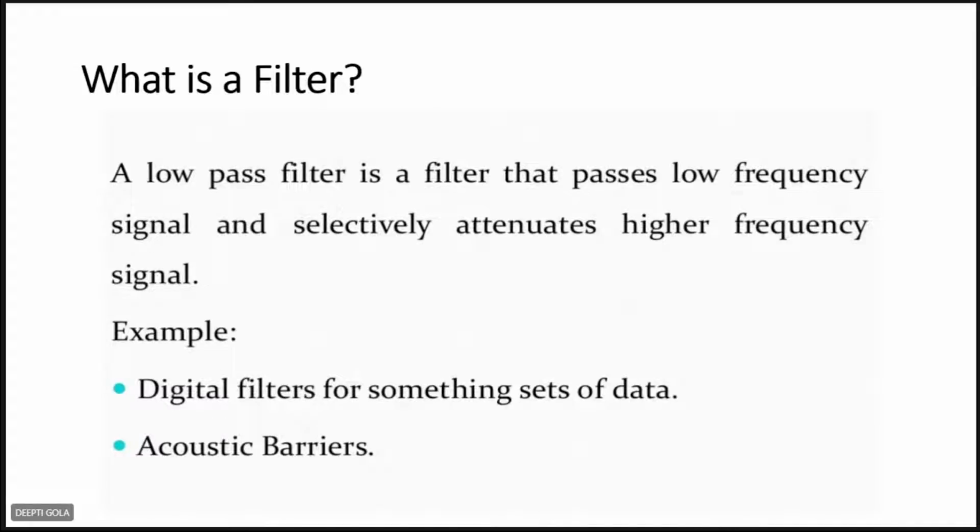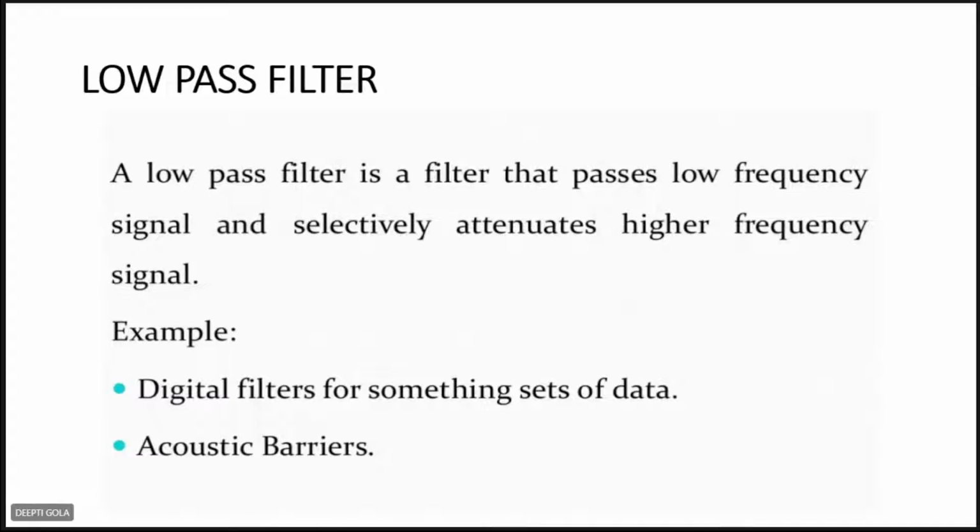Okay, so today we will be studying the low pass filter. So what is a low pass filter? It only passes low frequencies, meaning it allows a certain band of frequencies, the lower band of frequencies, to pass through it, and it attenuates the higher band of frequencies or signals.